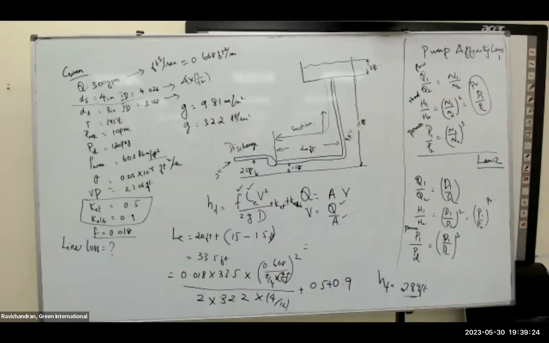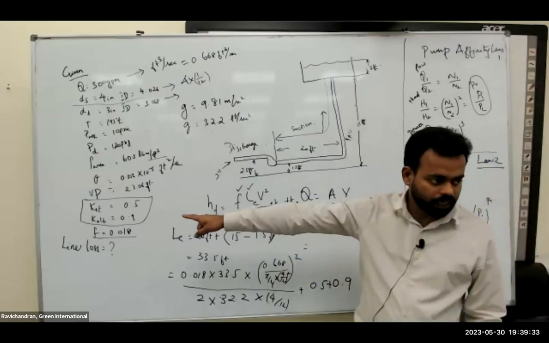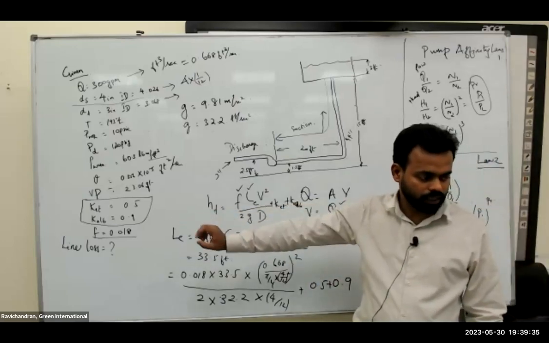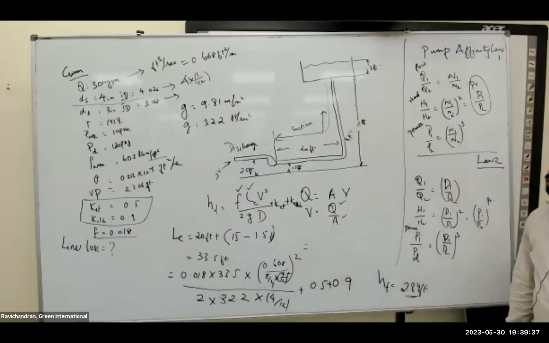Section on the elbow is visible, right? Yes. Why we consider D also? Pardon? D. Possible value of E, entrance loss. Pardon?